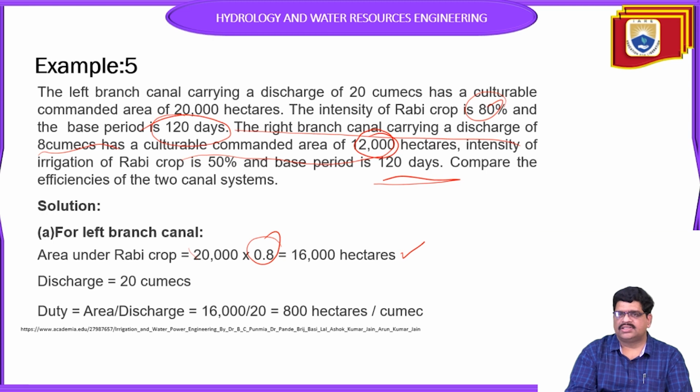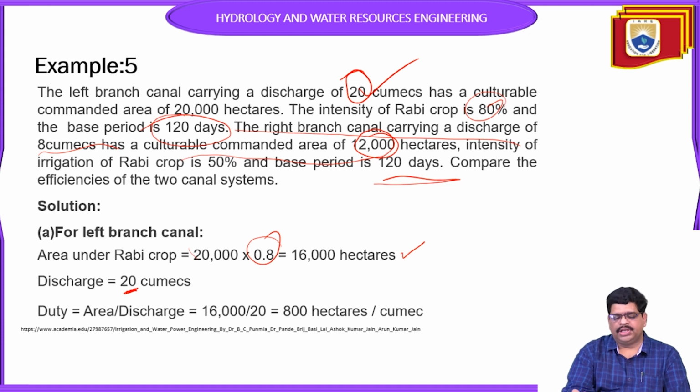And the discharge is equal to 20 cumecs, which is already given in the data. Next, duty is equal to area divided by discharge, that is 16,000 divided by 20, which is 800 hectares per cumec. That is the duty.